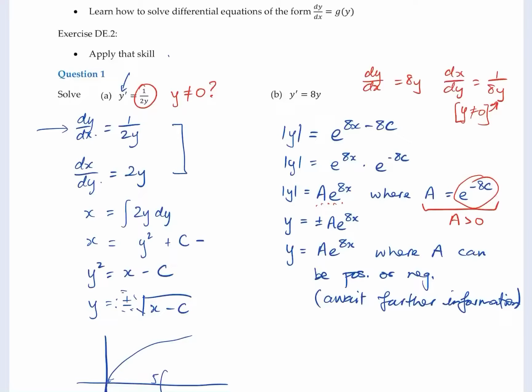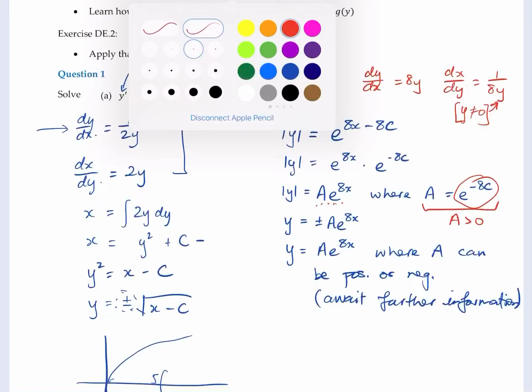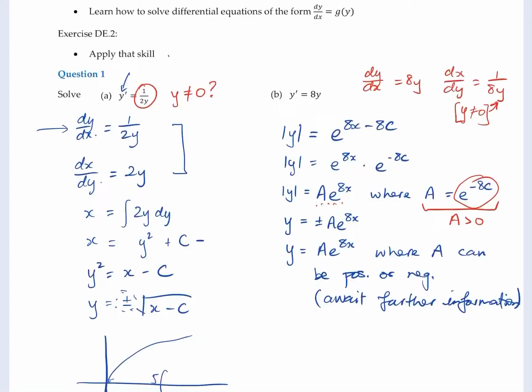Now, you might remember last lesson we talked about a trivial solution or a constant solution. So this one has a constant solution of y equals 0. For the same reason as last lesson, if you put y equals 0 in here, then the left-hand side will equal the right-hand side. So it's a solution.